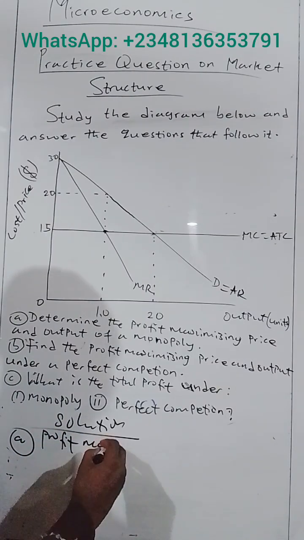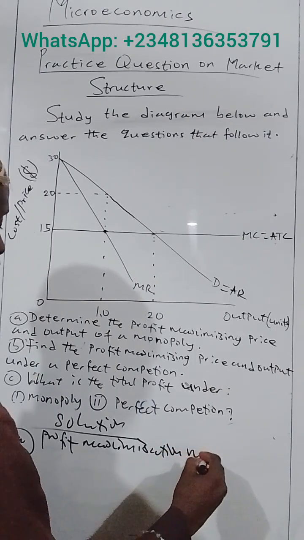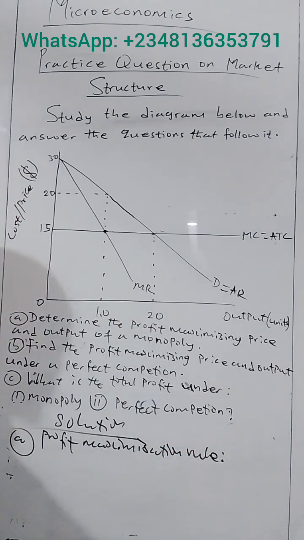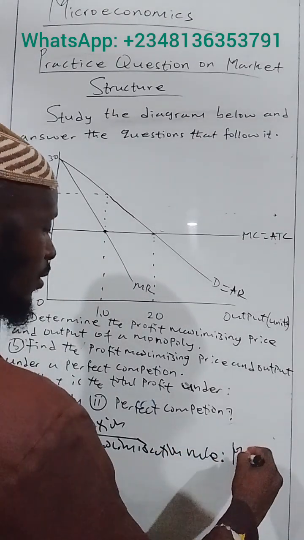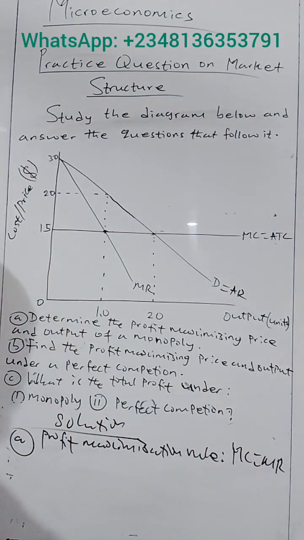Profit maximization rule. So for a monopoly, MC is equal to MR. Whether it's a monopoly or a firm in a perfect market, the condition remains the same. But here we are asked to determine the profit maximizing price and output under a monopoly.